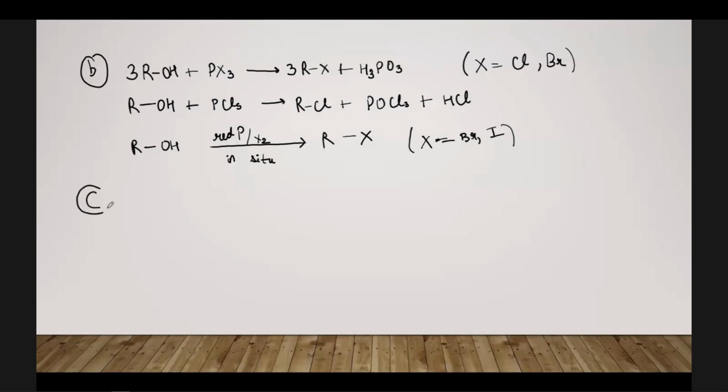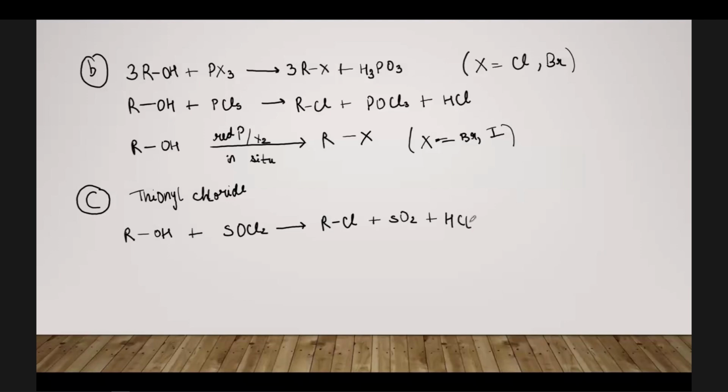Now for the third category, that is thionyl chloride. Thionyl chloride is SOCl2. So ROH, the alcohol, plus thionyl chloride will give RCl plus SO2 plus HCl.